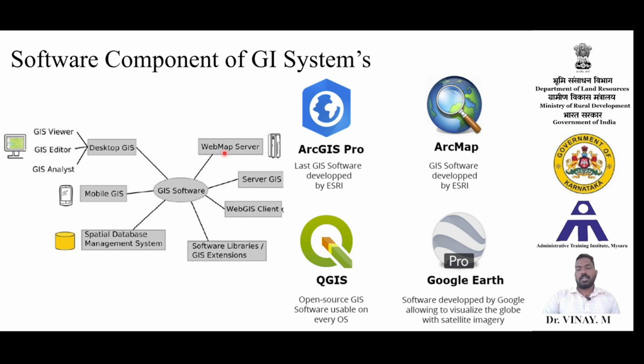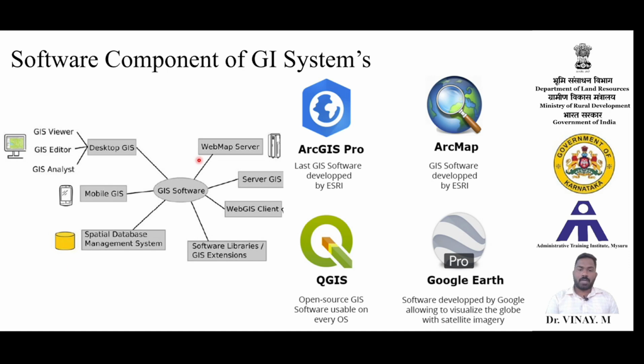Another type of software is the web map server, where we use software to render geospatial datasets through servers. The best examples are GeoServer or ArcGIS Server. Both serve the data over the browser, like we are getting the data through Google Maps.